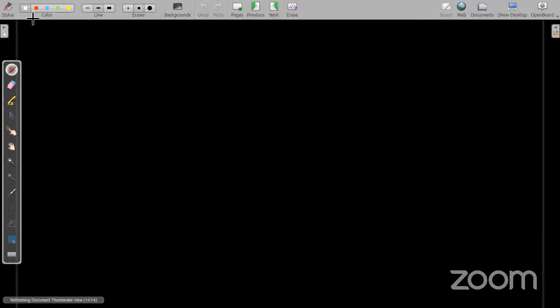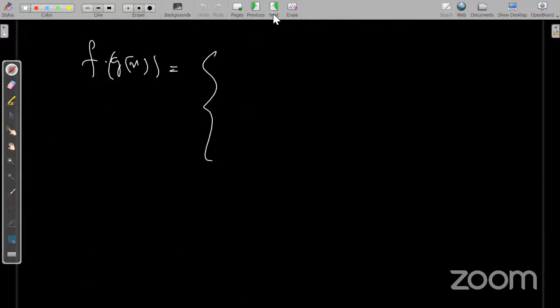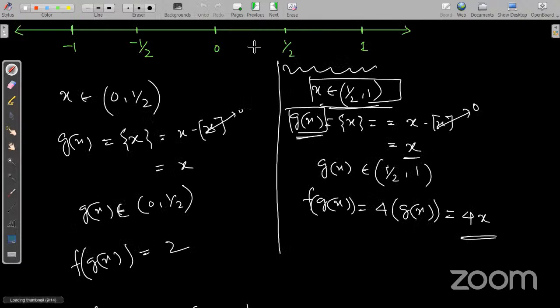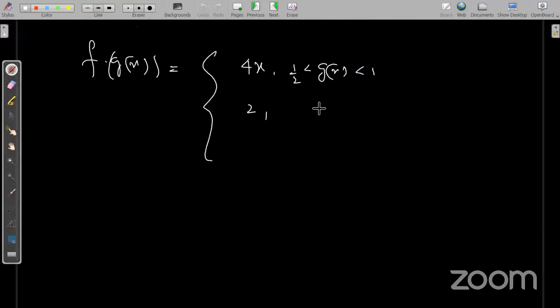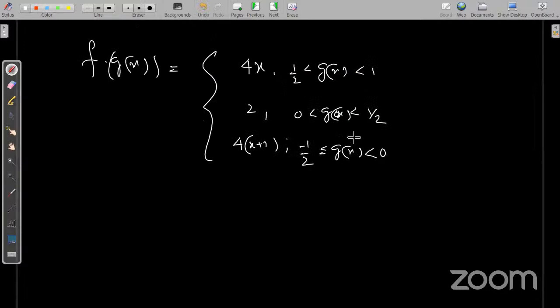Okay, so f of g of x we are getting: when g of x belongs to 1/2 to 1, it is 4x, and it is giving you 2 when g of x belongs to 0 to 1/2, and again it is giving you 4 into x plus 1 when x belongs to minus half to 0.